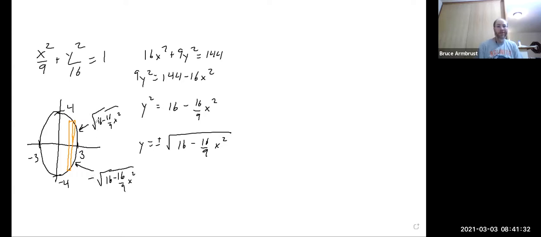So I actually have two of those things. So I'm going to get that area by integrating from -3 to 3 the function 2 square roots of 16 minus 16/9 x squared dx.